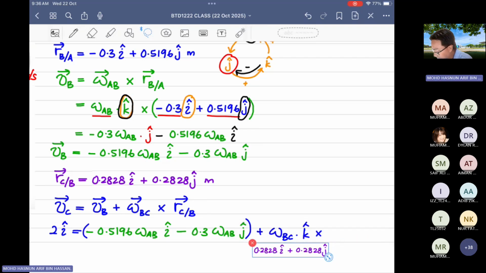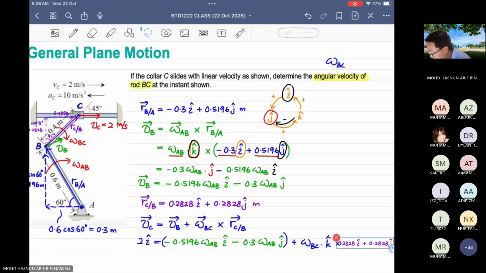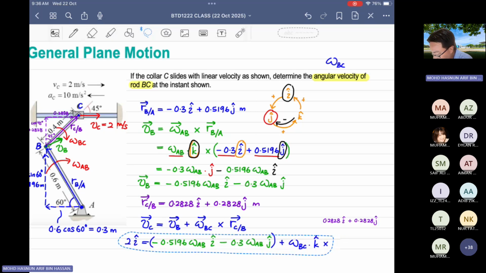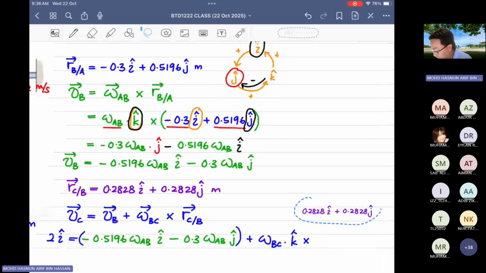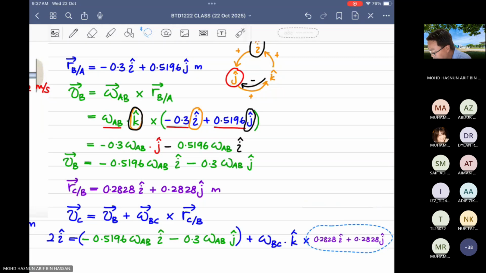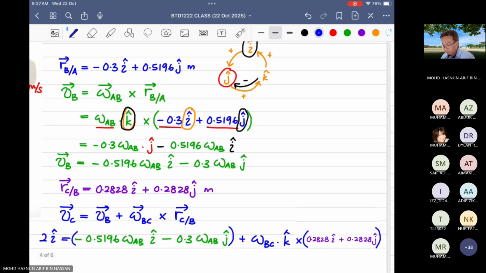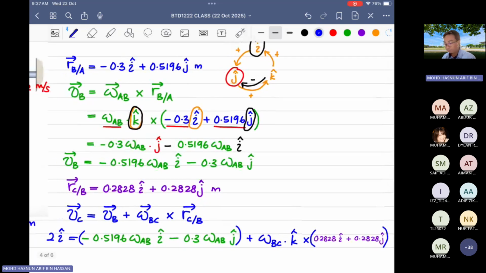Let's resize it a bit and move it here. So this also we put in brackets. So this is the final equation that we have.